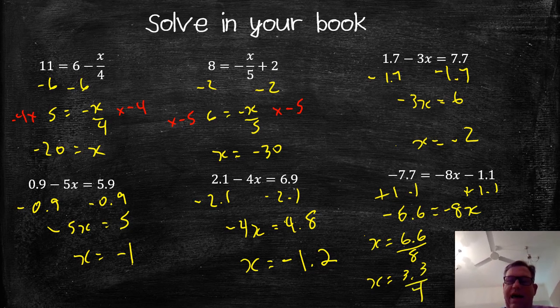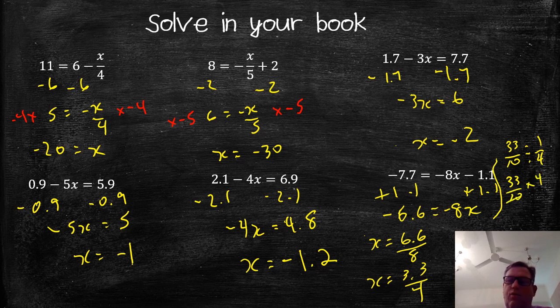We shouldn't really have a fraction in the numerator. So if we were to actually tidy this one up, this one is very messy. 3.3 is 3 3/10, which is 33 over 10. If I carry on up over here, so that's 33 over 10 divided by 1/4, which is the same as 33 over 10 times 4.